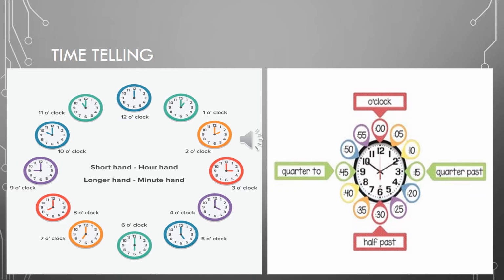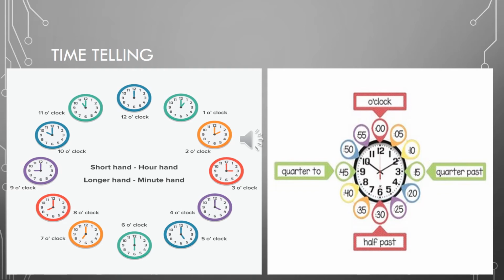Okay, so whenever the minutes hand moves towards 3, we will say it is quarter past that hour where the hour hand will be. ठीक है, hour hand जहाँ भी होगा हम कहेंगे कि ये quarter past जो भी नंबर है.